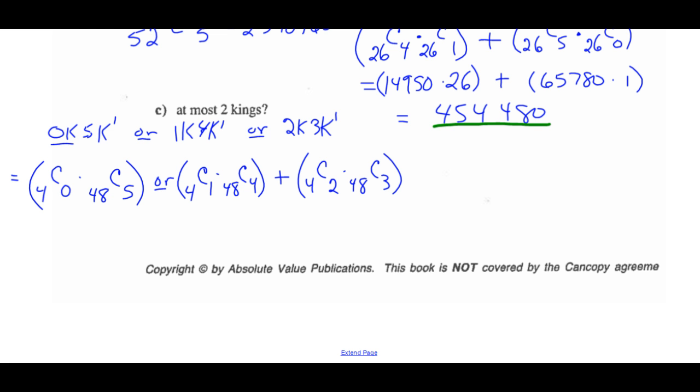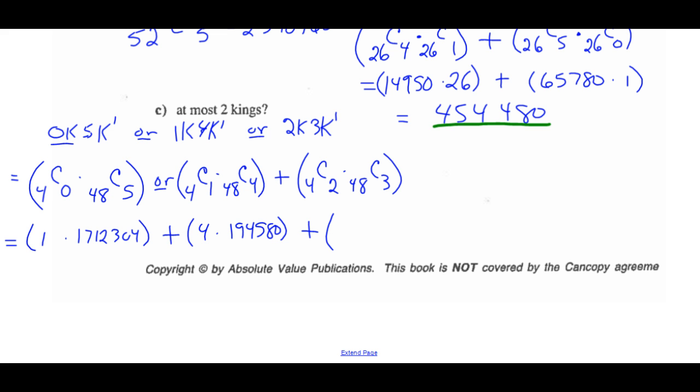So now it's just a matter of calculating that out. So you can use your calculators, or you could follow along and write down what I get. All right. So 4 choose 0 is 1. 48 choose 5 is a rather large number. 1,712,304. Or means addition. 4 choose 1 is 4. Multiplied by 48 choose 4 is 194,580.